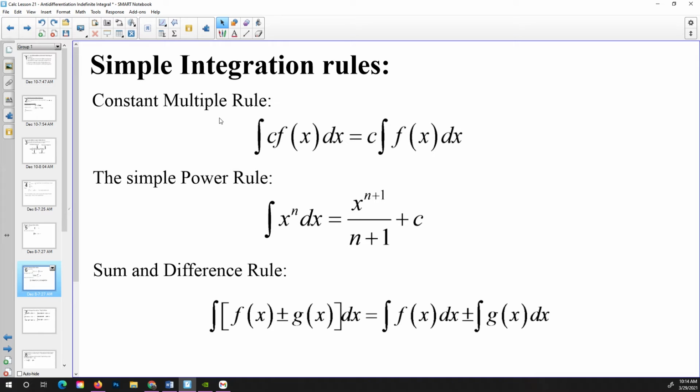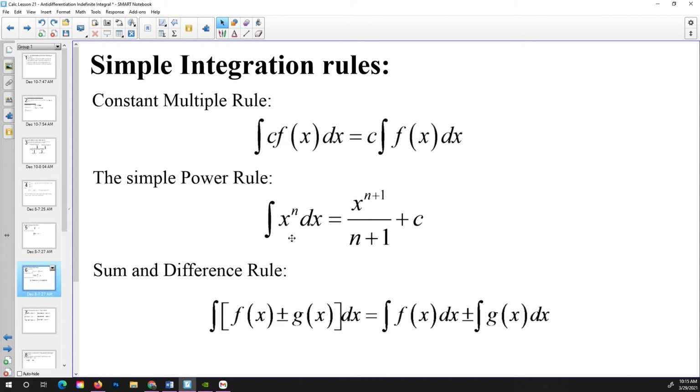The constant multiple rule. If you are trying to integrate a function that is multiplied by a constant, you can move the constant out in front and then do that integral. The simple power rule for integration is just the opposite of the simple power rule for differentiation.